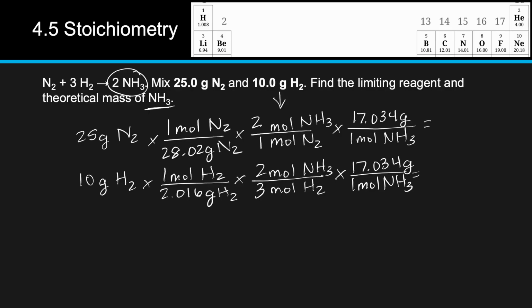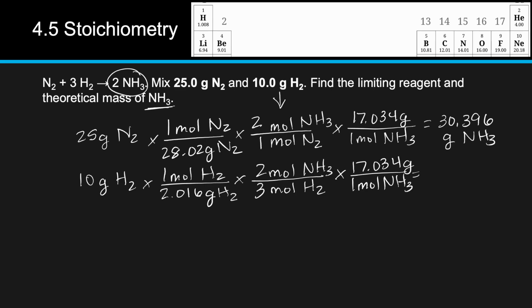So starting off with our N2, I have 25 grams divided by 28.02 times 2 times 17.034, and that gives me 30.396 grams of NH3.